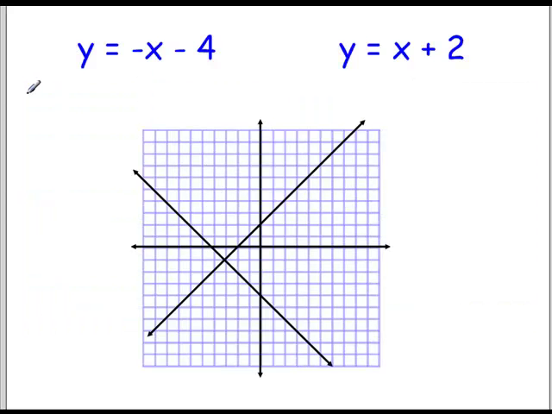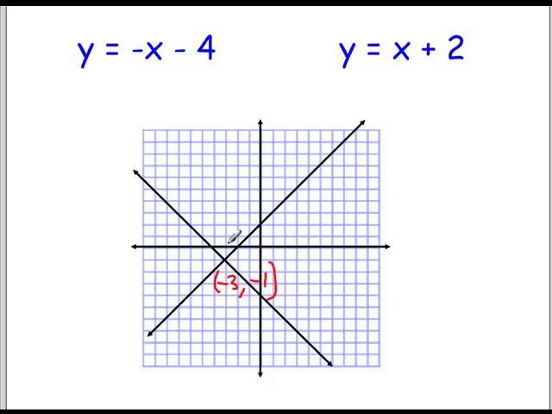Alright, so check out these two lines here. These lines intersect at the point negative 3, negative 1. Well, let's check this real fast.